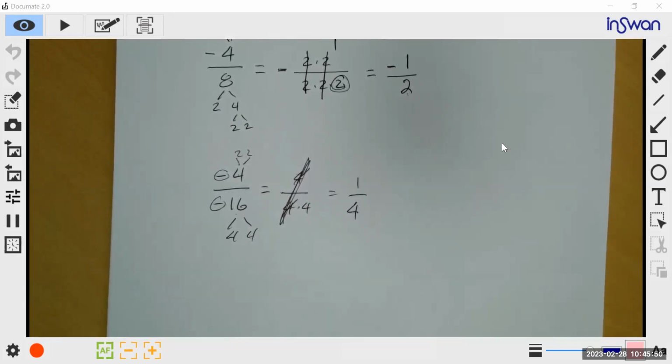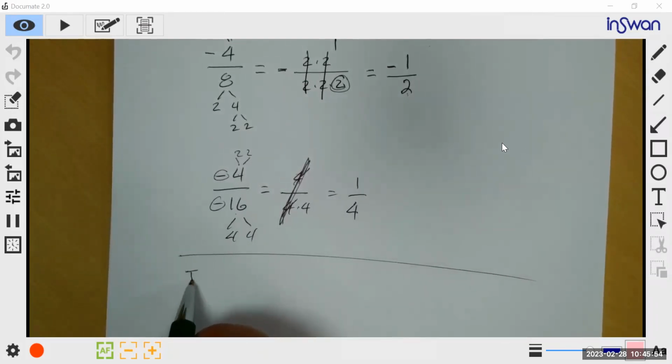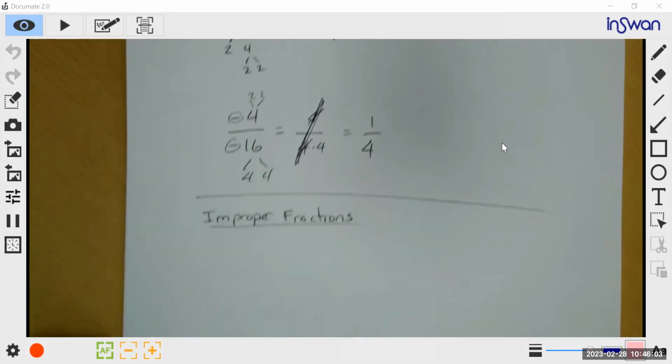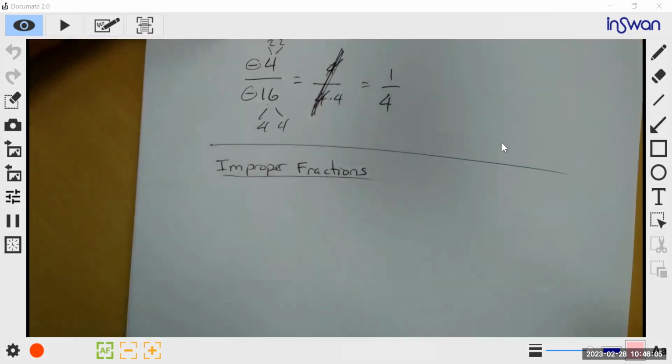So that's multiplication and division of signed numbers. Improper fractions. What are improper fractions? What do they look like?